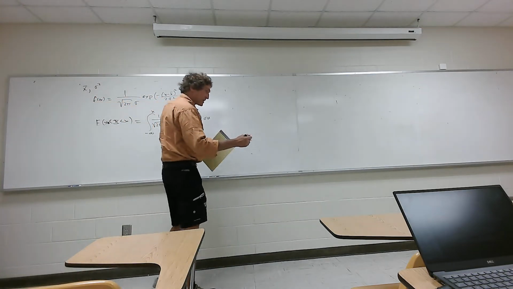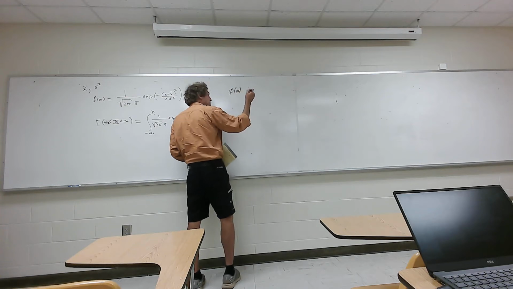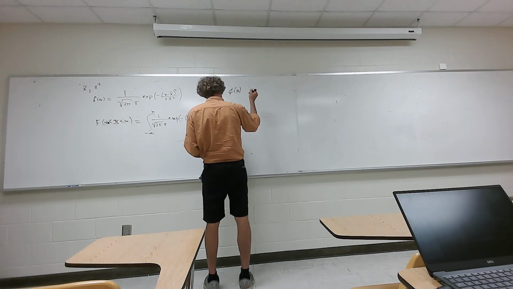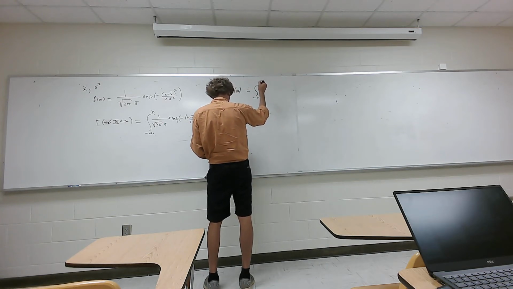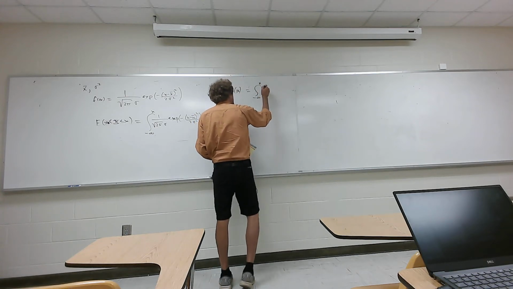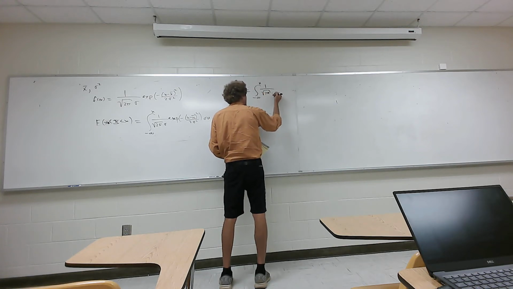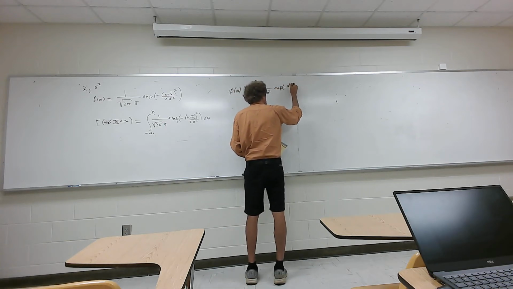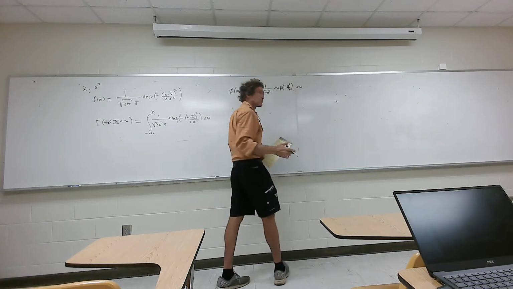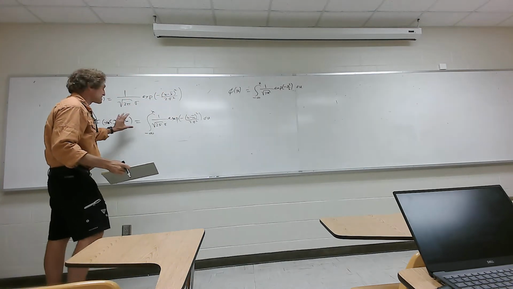There's also a function that the book has tabulated, and its symbol is this. It's really phi of x, I guess, and that's equal to the integral from minus infinity to x of 1 over the square root of 2 pi. There is no variance in this one, exp to the minus u squared over 2 du. This is in the book, you don't have to worry about it. Here, this is really the normalized version of this.